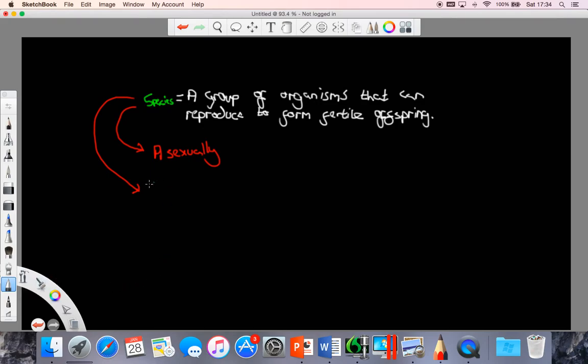Okay? So, for example, you could have a liger, which is a cross between a lion and a tiger. But this liger cannot go on to have offspring of its own.